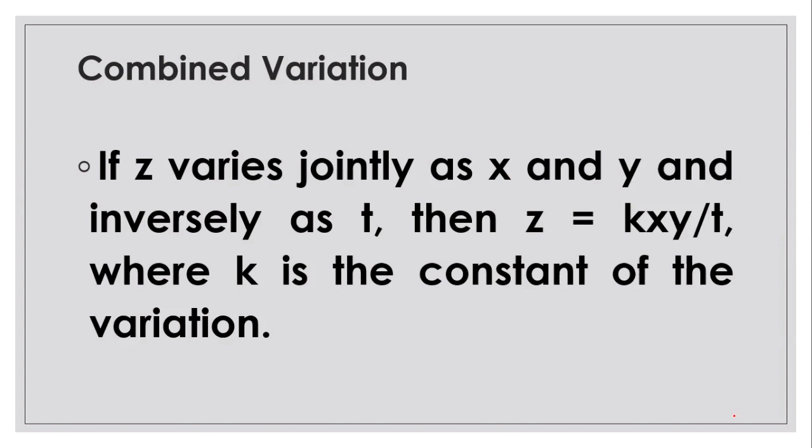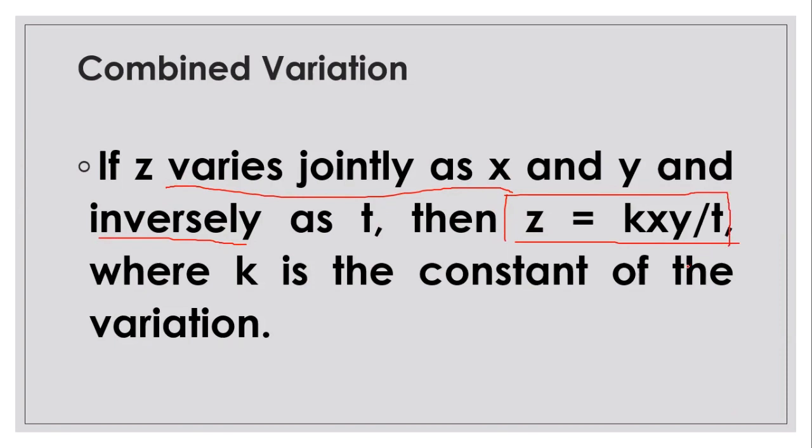This means that in combined variation, the direct variation is there, the joint variation is there, and the inverse variation is also there. So it is called combined variation. The direct variation and joint variation are combined, and we also included the inverse variation. So from this, z varies jointly as x and y and inversely as t. Our general equation here is z is equal to kxy over t.